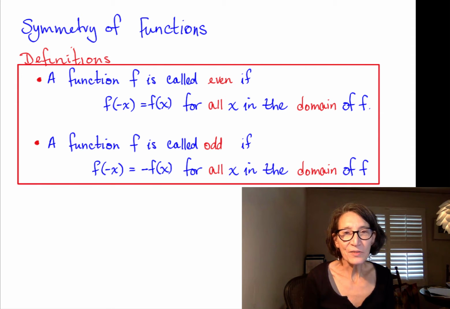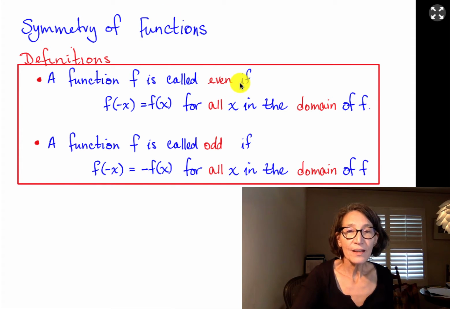In this video, we're going to use the definition of odd function to prove that a specific function is odd. So I just want to remind you of the definitions. A function f is called even if f of negative x is the same as f of positive x for all x in the domain of the function f.